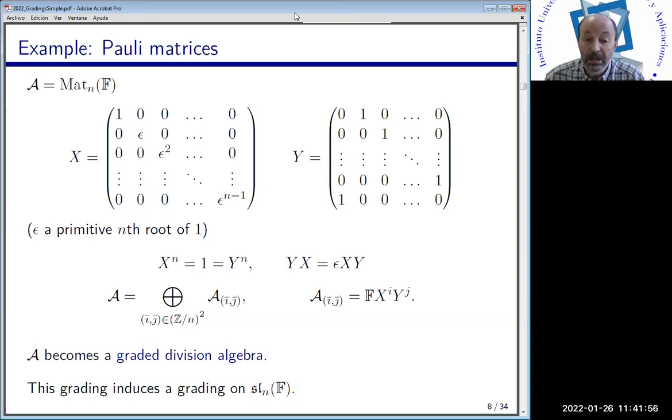And all the others are total one-dimensional subalgebras of the special linear algebra. So while studying gradings on associative algebras, the interesting gradings appear as combinations of sort of Cartan gradings and this kind of Pauli gradings.